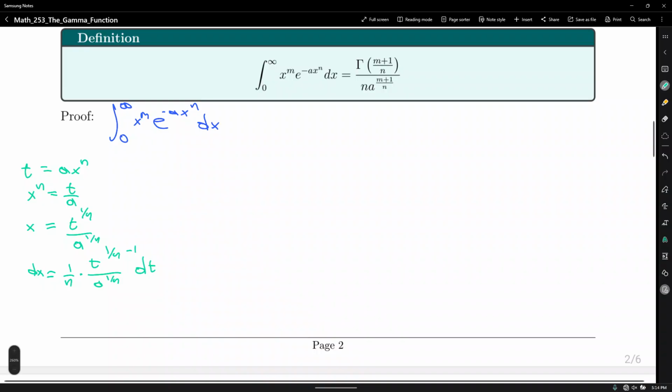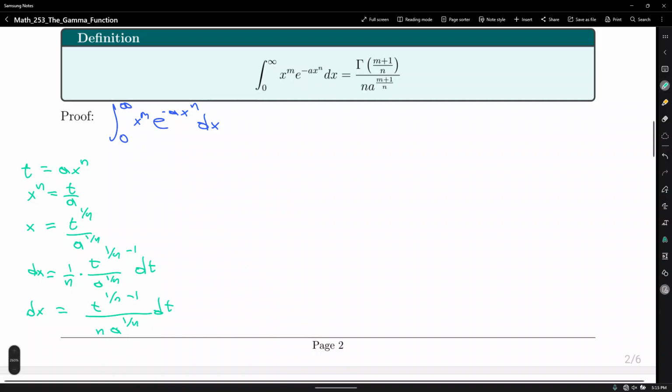Actually, let me simplify things a little bit. dx, more compact, is t to the 1 over n minus 1 over n a to the 1 over n dt. So this is going to be our substitution.